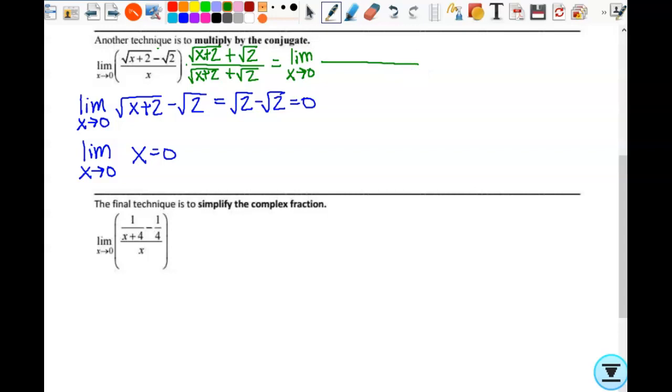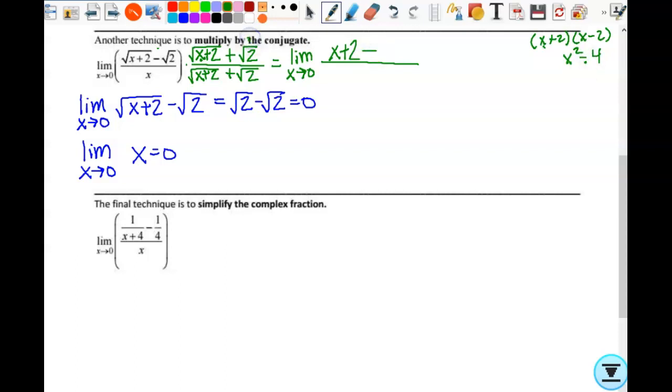So if it was x plus 2 times x minus 2, that gives me x squared minus 4, right? That's because we squared this first thing. So when I squared this, what do I get? X plus 2, good. And because it's a difference of squares, no matter what order the signs are in, this is always minus.